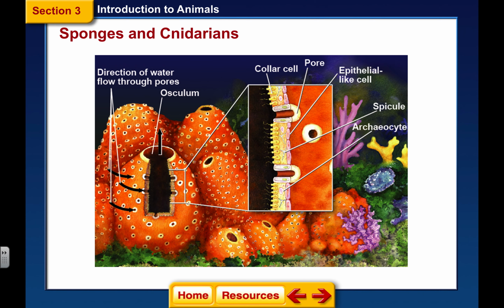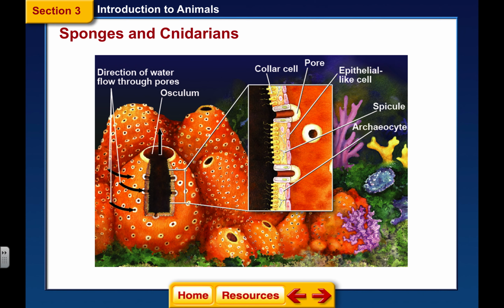Archaeocytes and amoebocytes are the same thing. I'm going to call them amoebocytes because they typically have a little amoeba type form to them. Also in here, if you can see right here, these are your spicules, and they're pretty sharp. So when their predators try to bite down on them, they're going to get this sharp spicule in their mouth and hopefully deter them from eating the sponge, because there are a lot of predators to sponges.